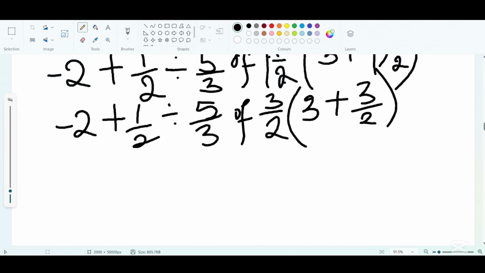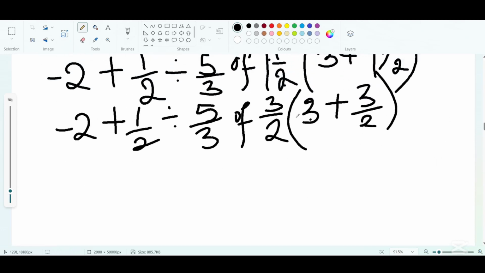So when we see this, we want to add this and this together. Like I said earlier when we were dealing with addition of fractions, if we want to add a whole number and a fraction, a shortcut is to use this 2 to multiply this 3, then the result will be added to this 3. So that is 2 times 3, that is 6, plus 3, 9 all over 2.